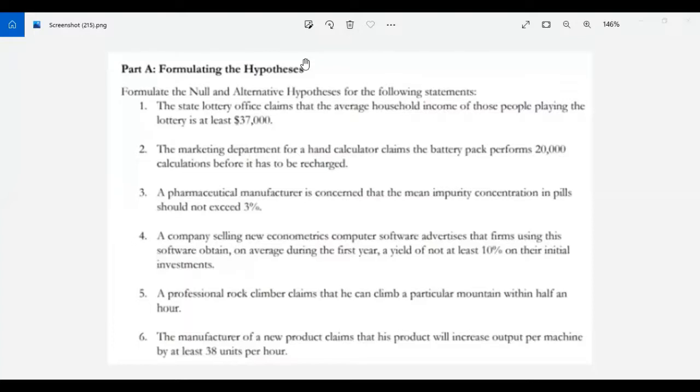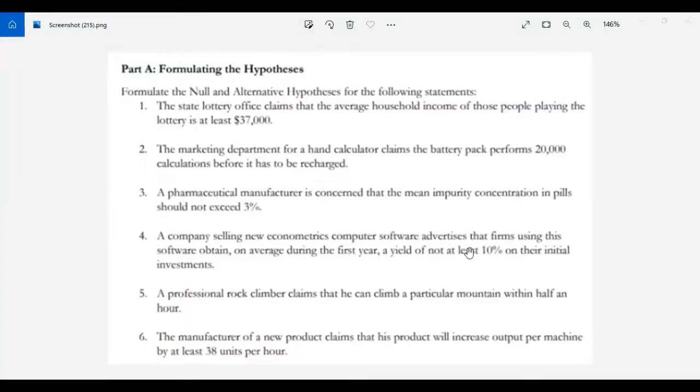A company selling new econometrics computer software advertises that firms using this software obtain, on average, during the first year, a yield of not at least 10% on their initial investment. Now, if you are formulating the hypothesis, ignore the not.